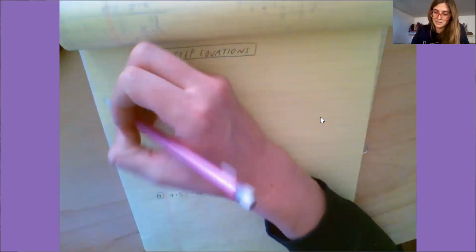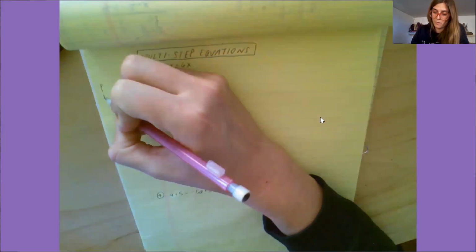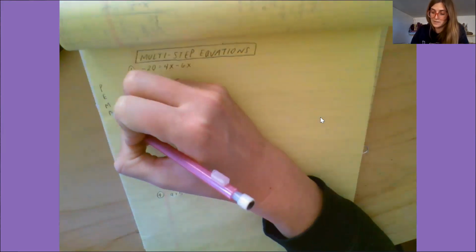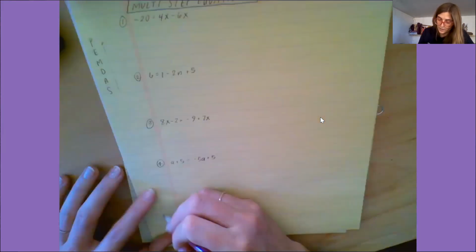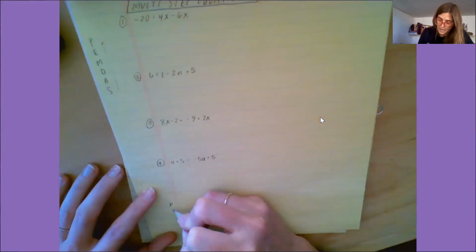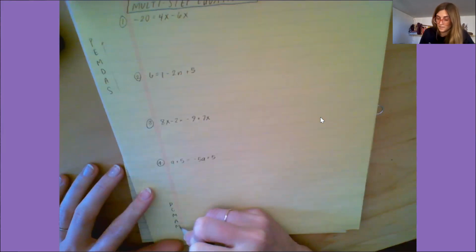So for the multi-step equations, we want to think about PEMDAS, and we want to think about working backwards through PEMDAS, right? Going that way. And then the other piece that we want to think about, I don't write it down here at the bottom, is our "don't call me after midnight."